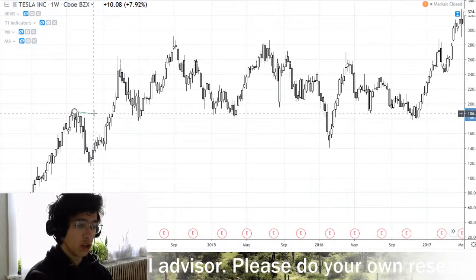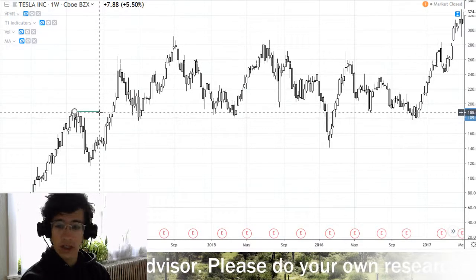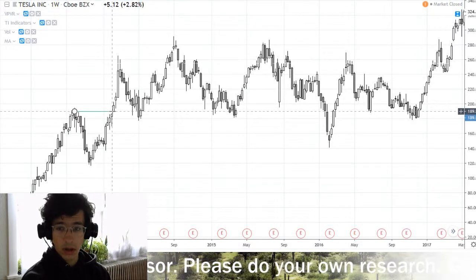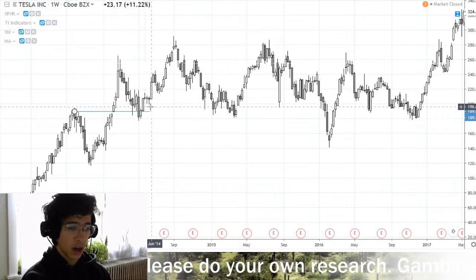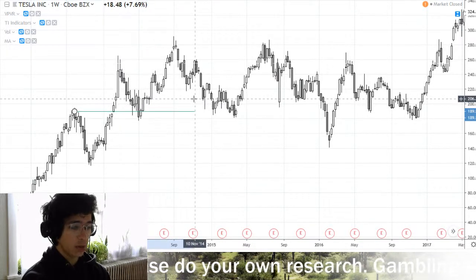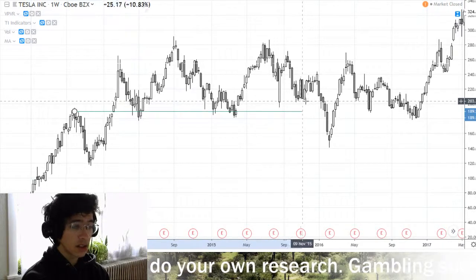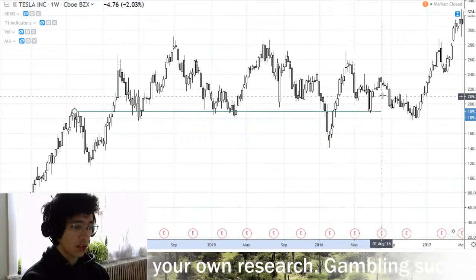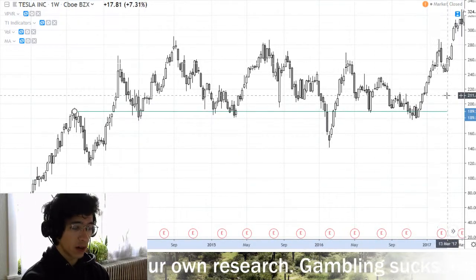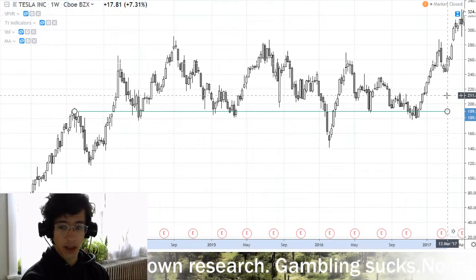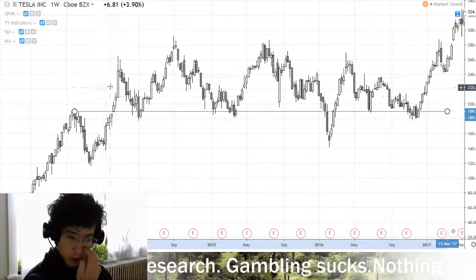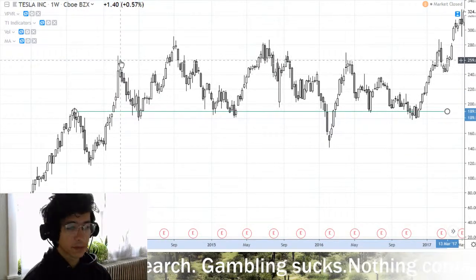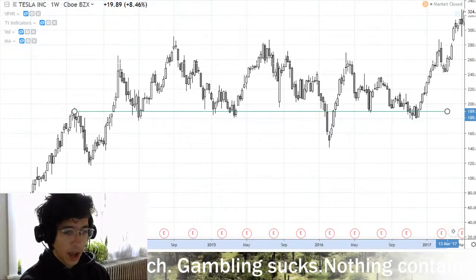And you can see that area then became support once that level was broken at multiple times over the next 2 years. That's where sellers ended up coming back into the market, or buyers ended up coming back into the market. That high right there. So it broke past it. And what happened?